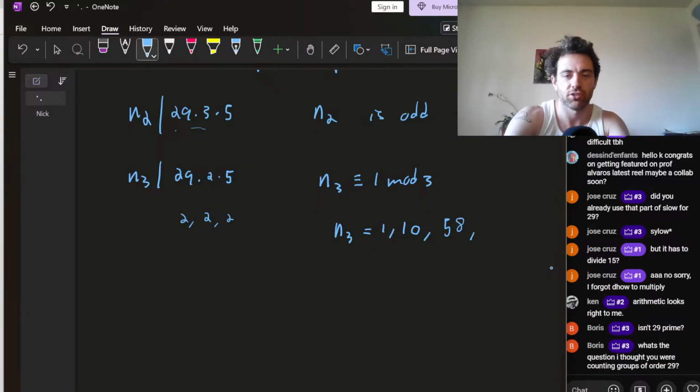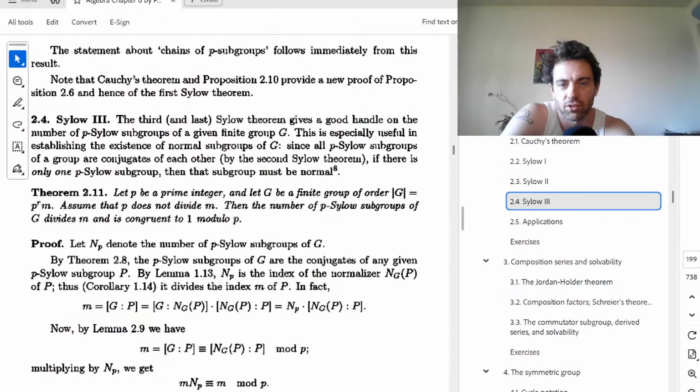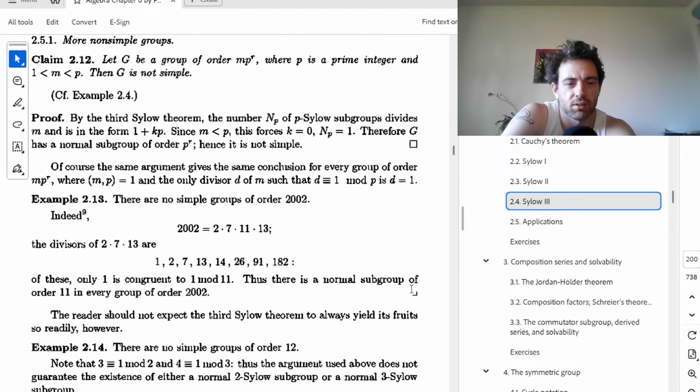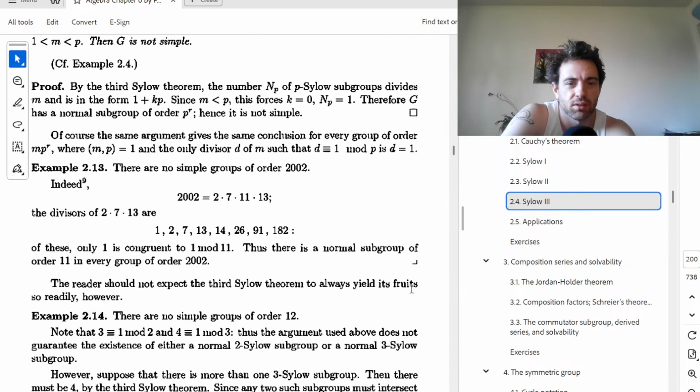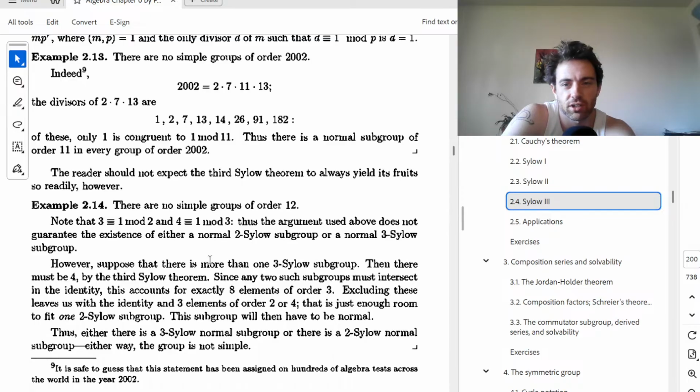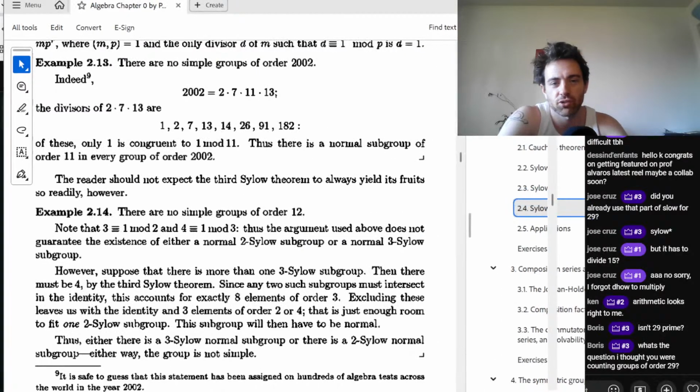Do some conjugacy class business. Maybe... yeah, see, I looked at this last night actually before I went to bed. This is some of my bedtime reading.